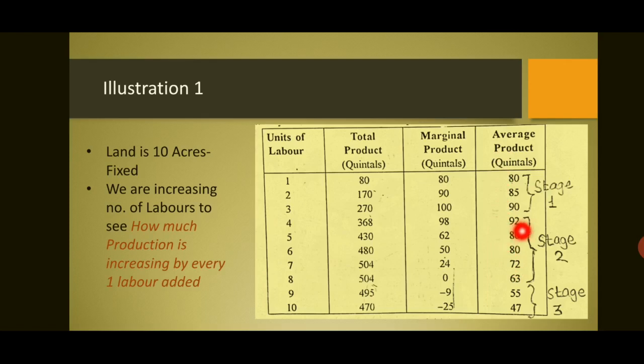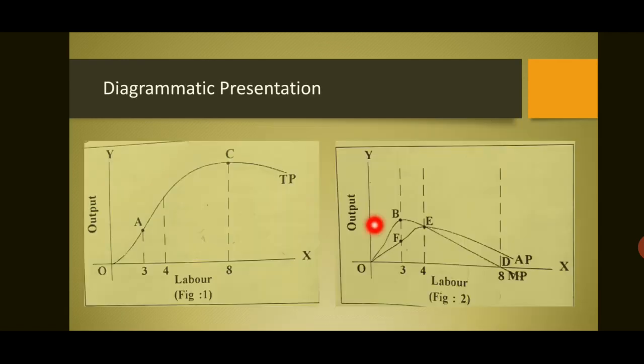So our maximum average production is 92 at this rate. Okay, so this is the average product chart. This line is the average product chart, where our production is maximum at 92.